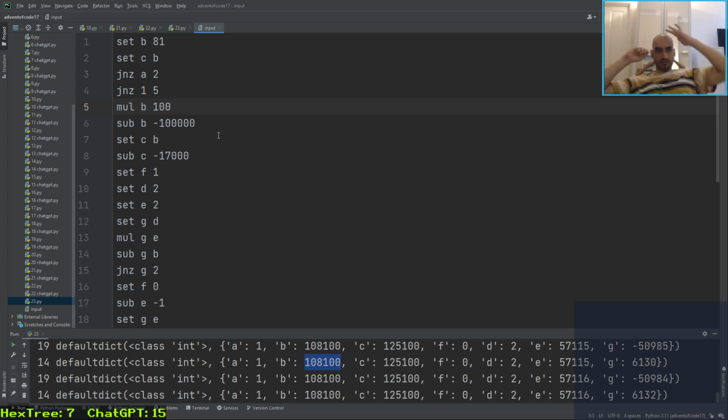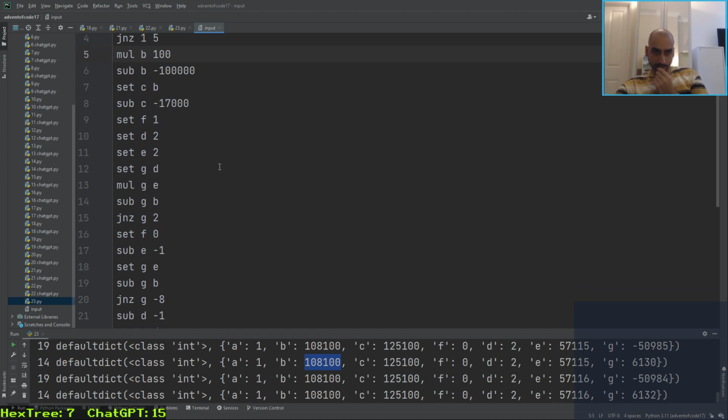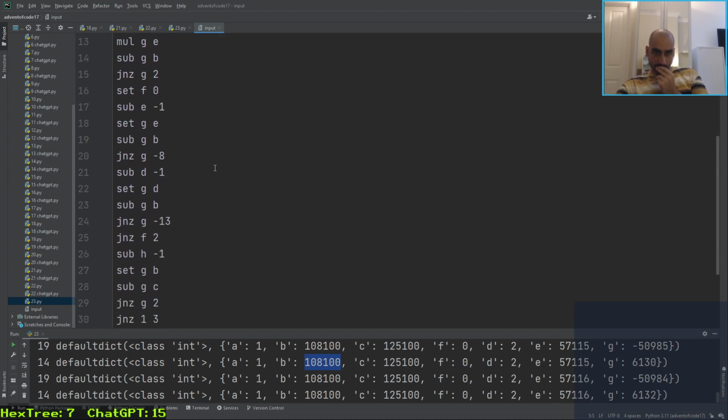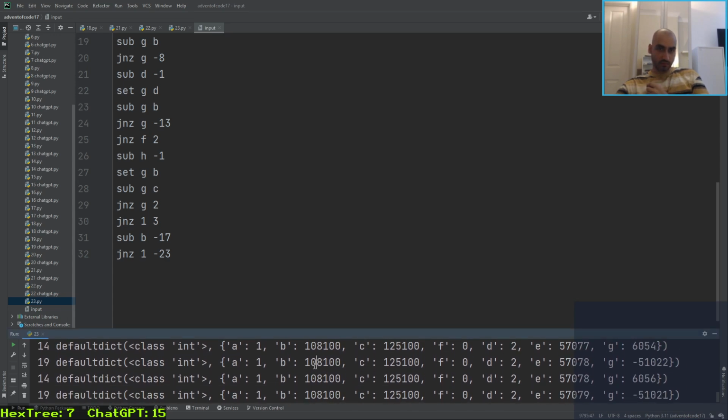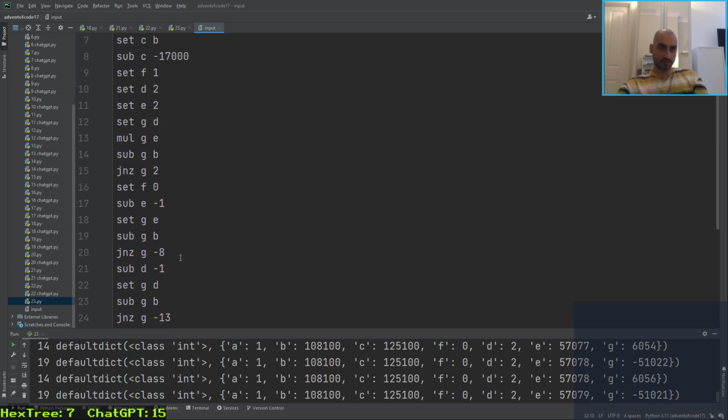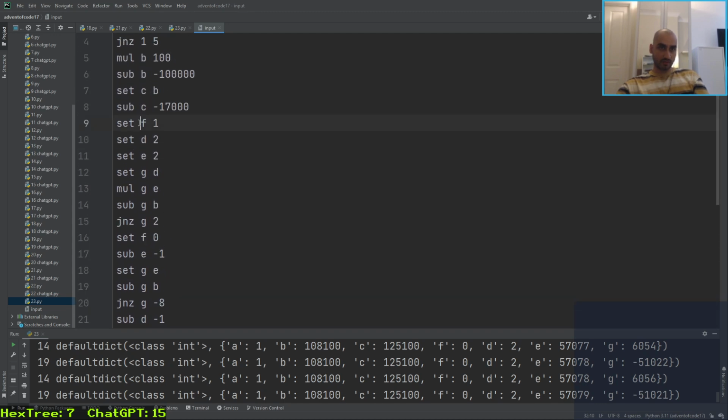Can't work this out. What the heck am I supposed to do here? So B starts at 108, 108, 100. If we ever hit this line here, we subtract 17 and then just jump all the way back and do all this stuff again. So 32, jump to here and do all this again.